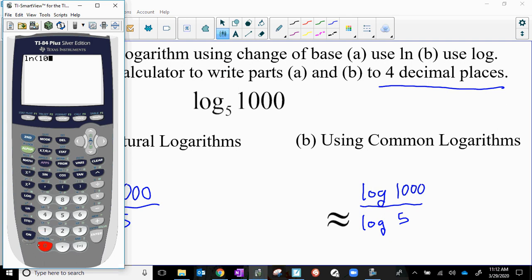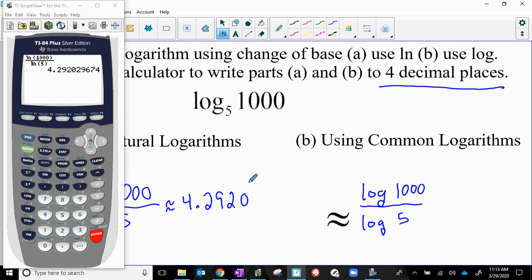So let me put my number, and then I'm going to divide, or I can use my fraction key, and then put in my natural log of my base. I said it should be between the 4th and 5th power, and we see what it's equal to. So it's approximately 4.2920. They say go to 4 decimal places, and that's what I'm going to do. You can round or you can truncate.